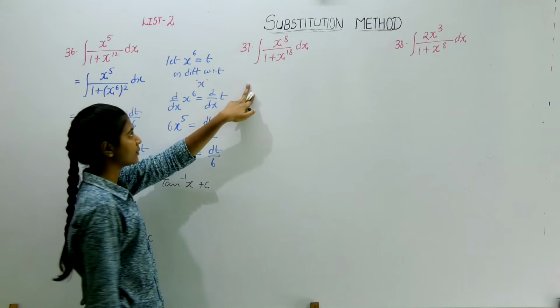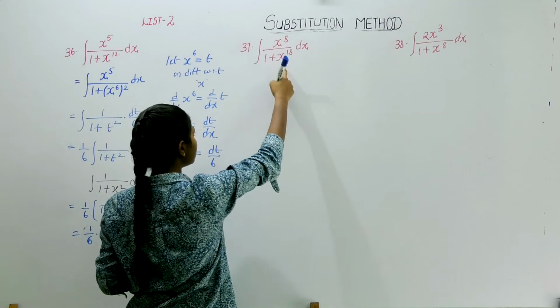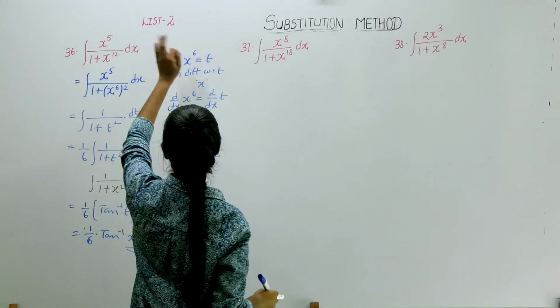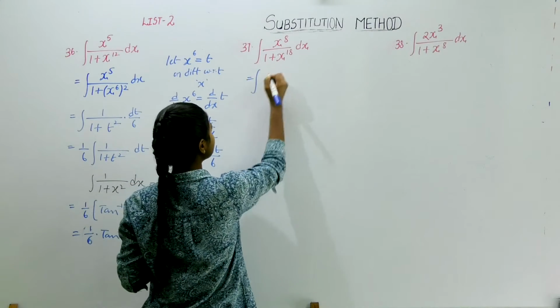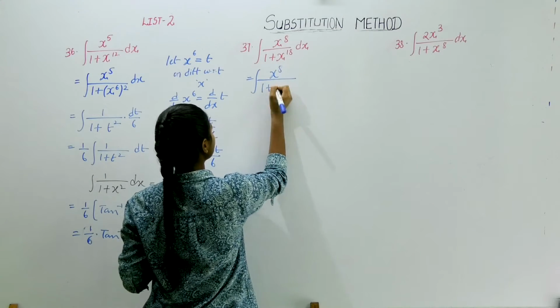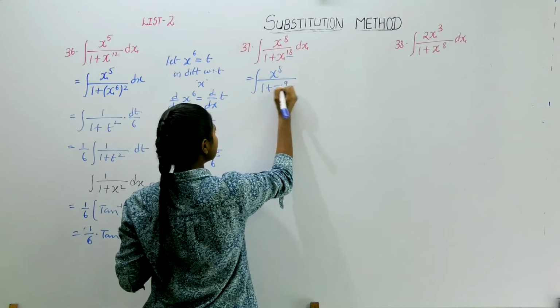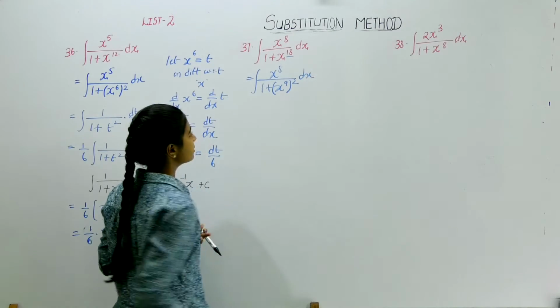Next, the 37th one. It is given as integral x power 8 by 1 plus x power 18 dx. This is similar to the 36th problem. In the first step, let me write x power 8 as it is, and in the denominator 1 plus x power 18, which can be written as x power 9 whole square, dx.